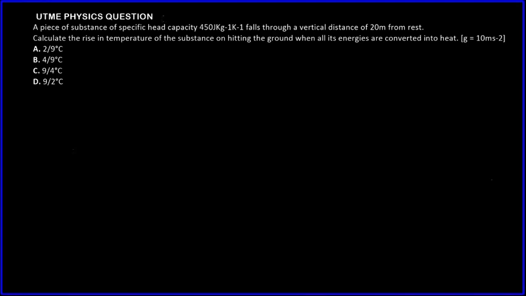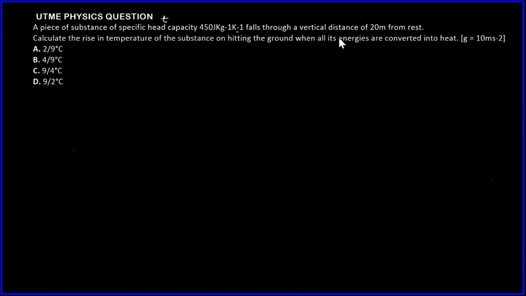And this is Mr. Kingdom, and here we'll be solving another UTME physics past question. So this is a UTME question. Let's solve. It says that a piece of substance of specific heat capacity 450 joules per kilogram per Kelvin falls through a vertical distance of 20 meters from rest.